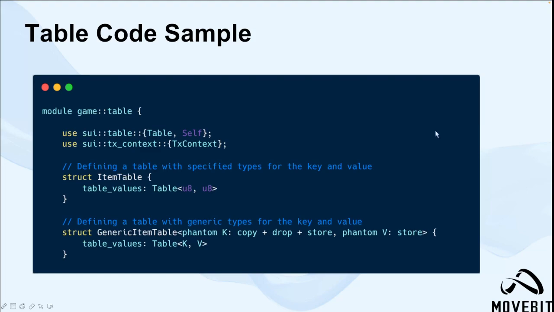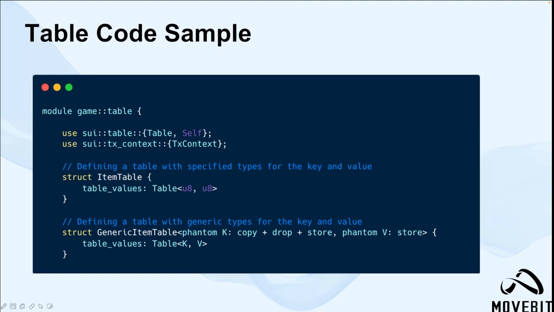And this code defines a module called game table that provides structure to work with tables in a game context. The item table defines a table called item table with specific types for the key and value. In this case, both the key and value are type u8. And generic item table.